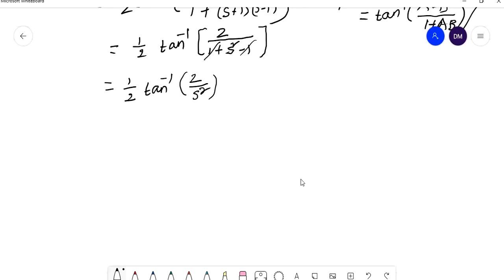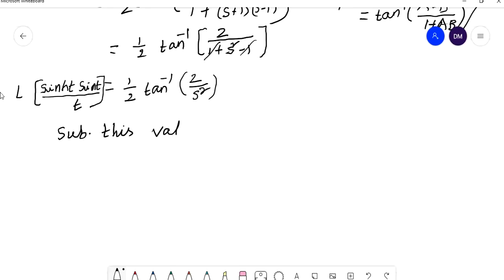This is the value of L of sin ht into sin t by t, right? Now substitute this value in equation 1.